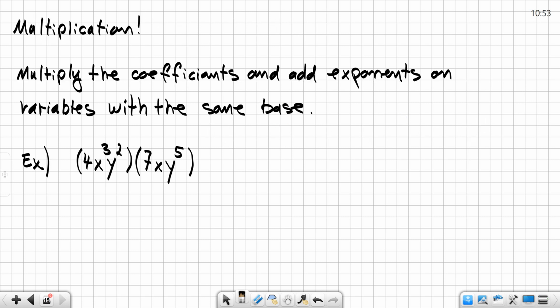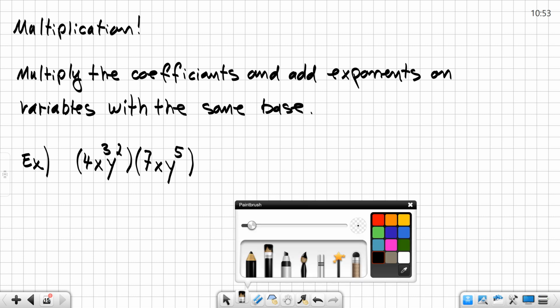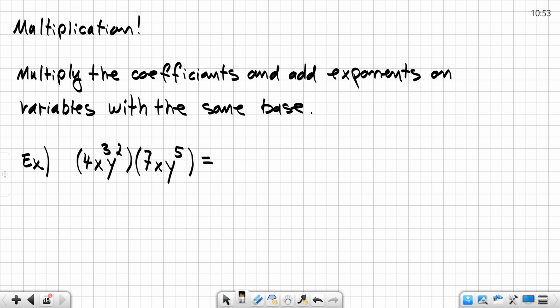How do we deal with multiplication? Well, with multiplication, we are going to multiply the coefficients and add the exponents on variables with the same base. So this is going to look very similar to what we have done before. This is all multiplication, so I can write this in the following way.